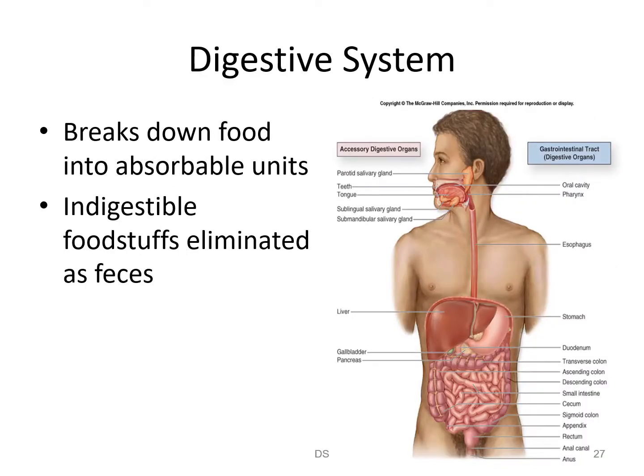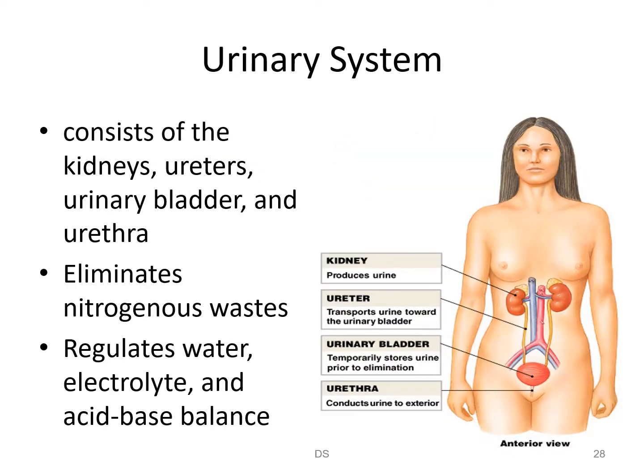The digestive system's common functions are digestion or breakdown of food, and absorption of the nutrients. The urinary system includes the kidney, the ureter, the bladder, and the urethra. They are included in the urinary system.